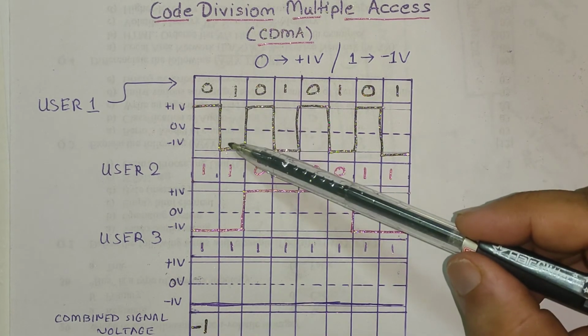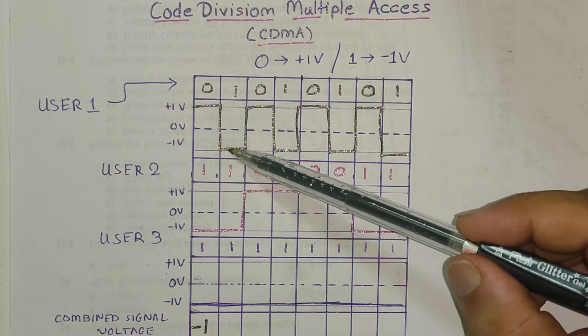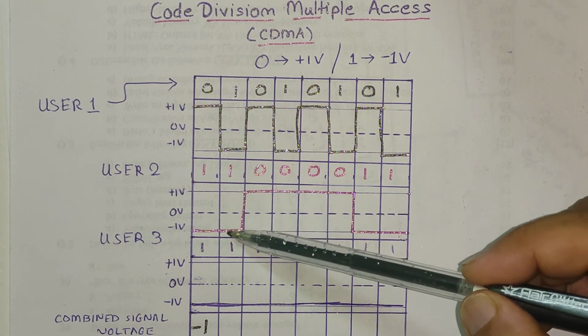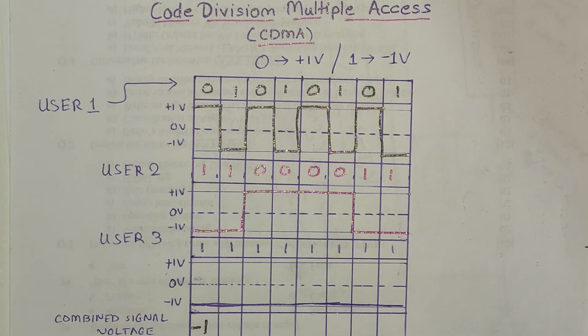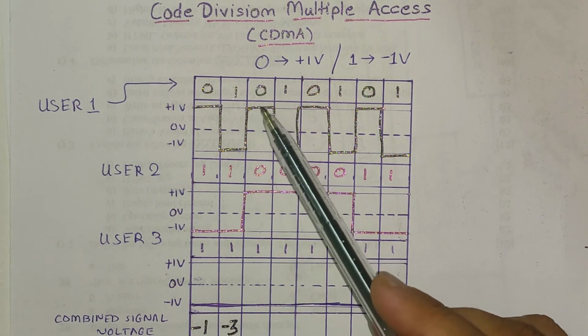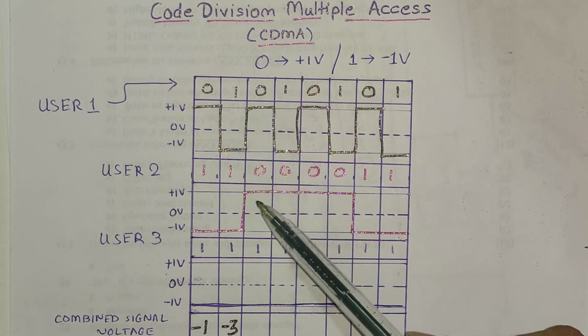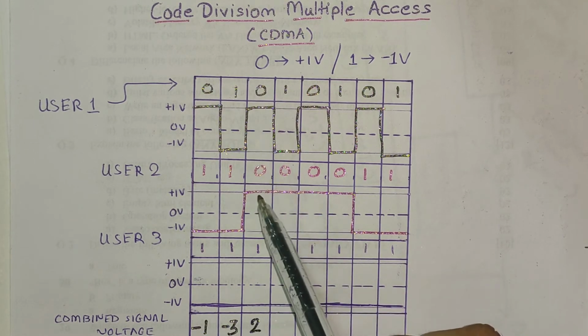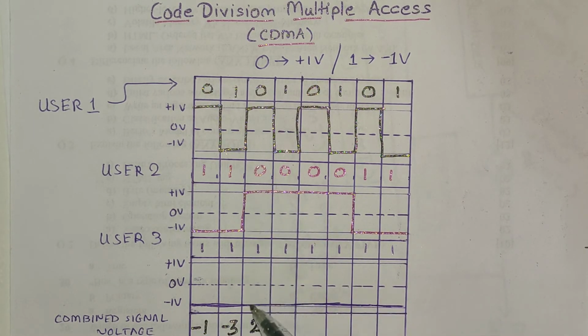Then the second bit we are going to see, that is minus 1 voltage, that will be minus 1 plus minus 1 plus minus 1, that is going to be minus 3, right? Then you are having plus 1 and a minus 1, so you will be having 0, sorry, here we will be having plus 1.